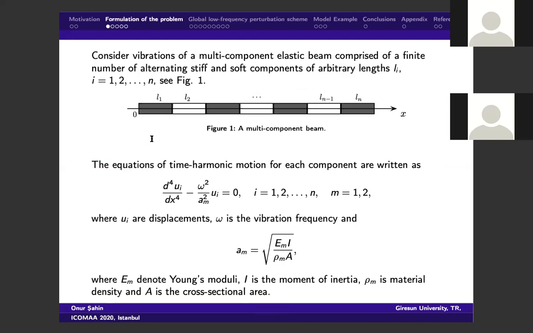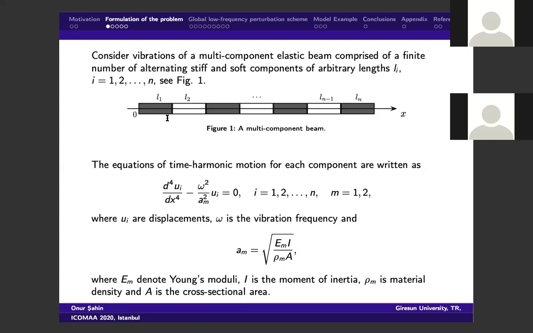Let's now state the problem. We consider a multi-component elastic beam comprised of a finite number of alternating stiff and soft components of arbitrary lengths Li. Here, the black rectangles show the stiff components of the beam, and the white rectangles correspond to soft components of the beam.